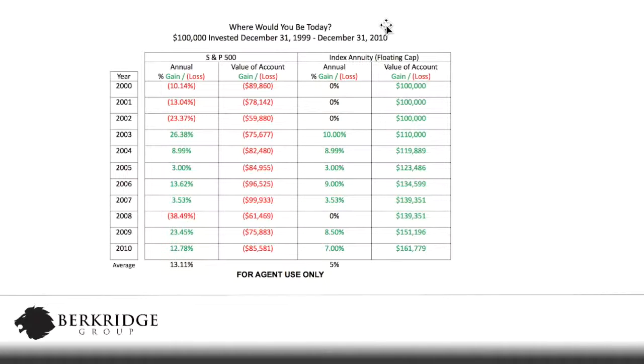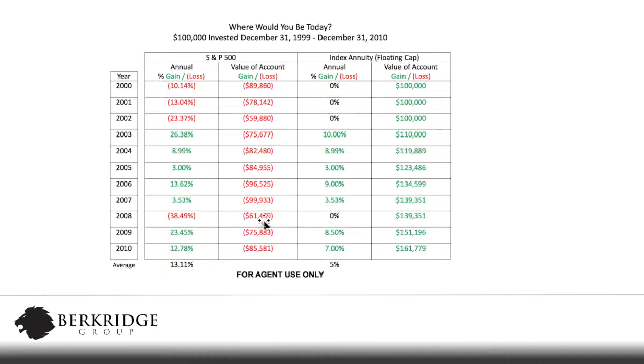Where would you be today if you had $100,000 to invest on December 31st, 1999, through December 31st of 2010? This is what the S&P is doing, the percentage gain or loss from this annual point-to-point value. This is the value of our investment.